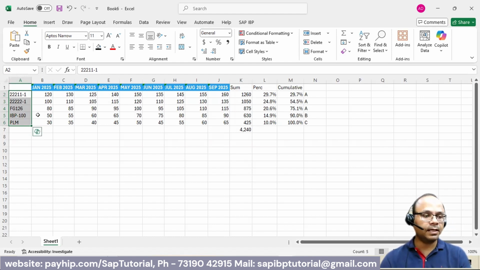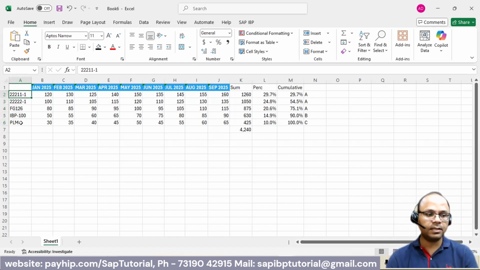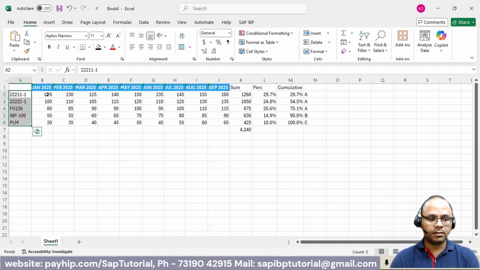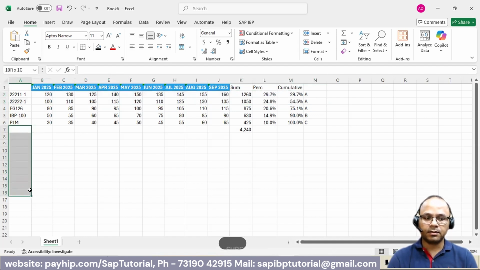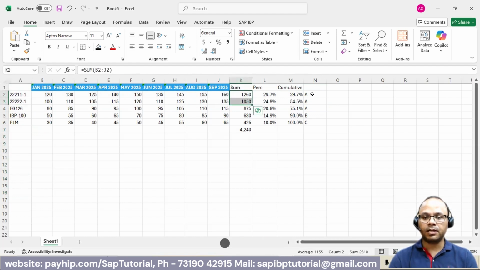So maybe within these 5 products, your product A and B may classify as A. But when you have other products in your portfolio, the volume of this product may not qualify for a classification.